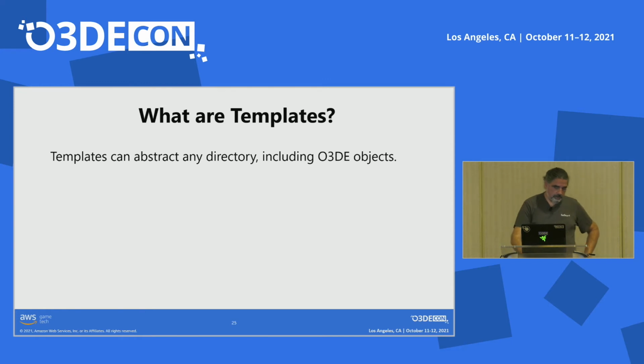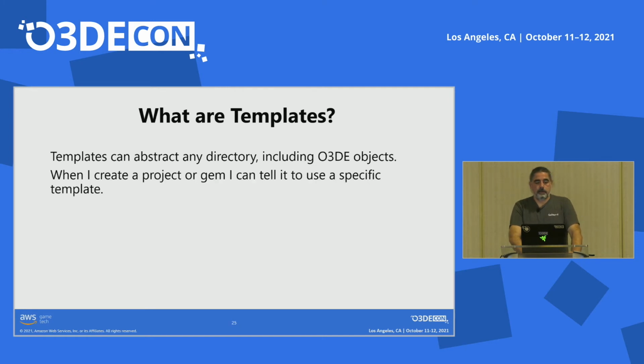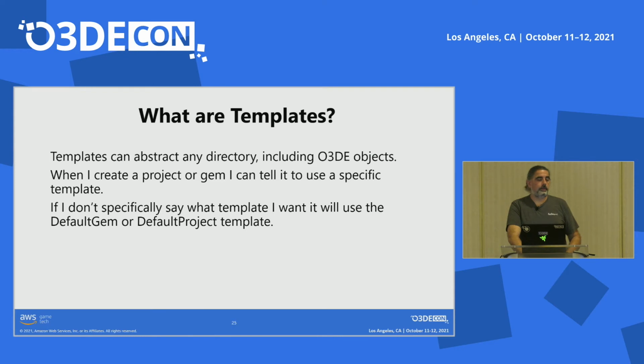Well, a template can abstract any directory. So anything that we want, we can point to and we can say, create a template out of this folder. This includes, obviously, Open3D objects. When I create a project or gem, I can tell it to use a specific template. If I don't tell it, it will use the default template for that type.